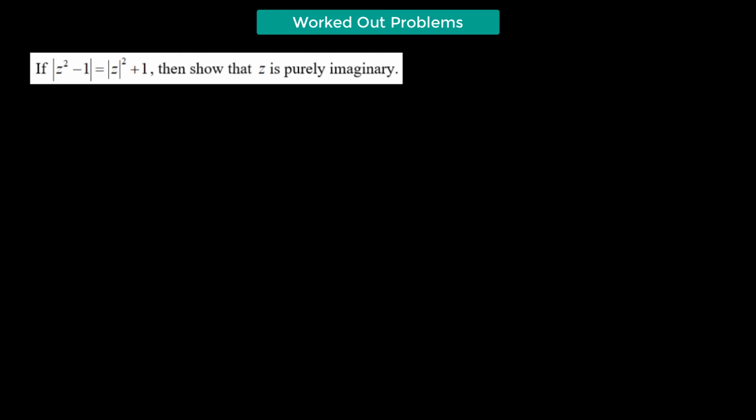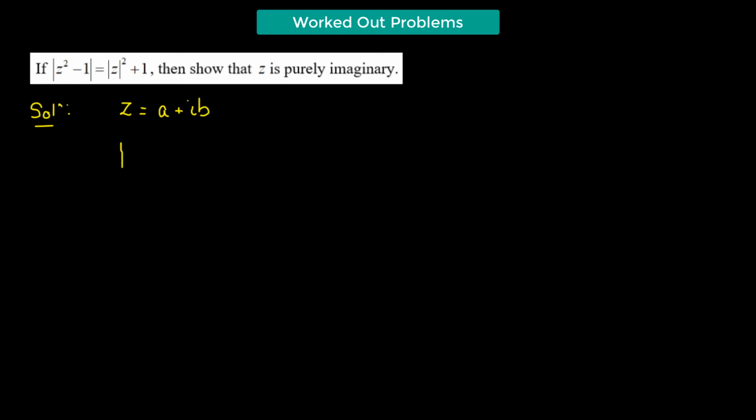So in this question we have a complex equation given by the absolute value of z squared minus 1 is equal to mod z squared plus 1. We have to prove that the complex number z is purely imaginary. So let us begin by assuming that the value of z is equal to a plus i times b, and substitute this value into the given equation.